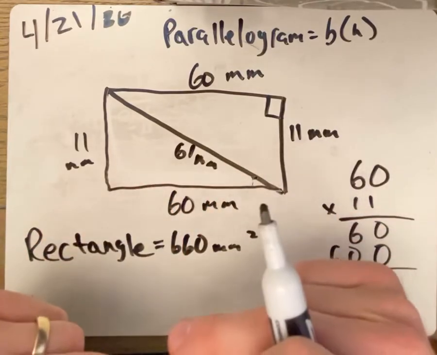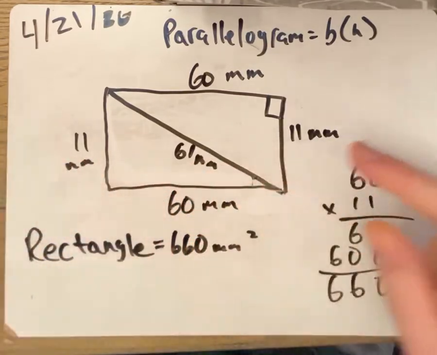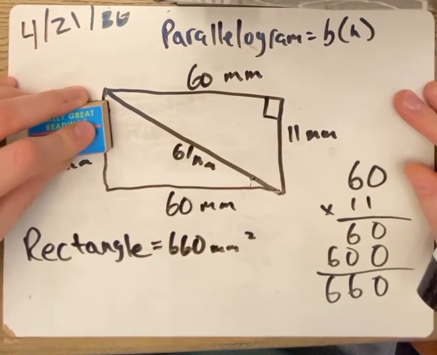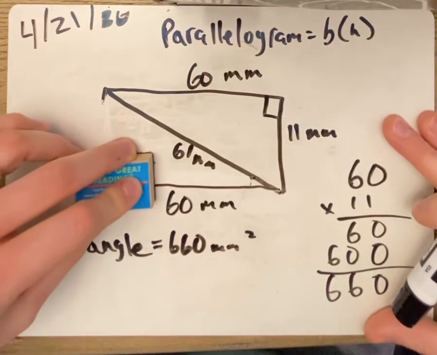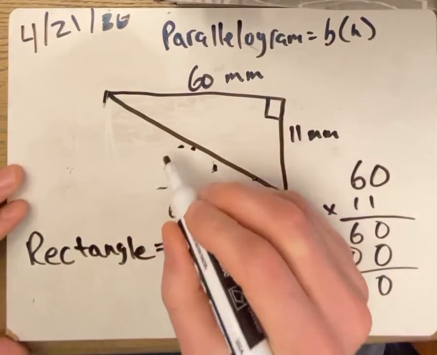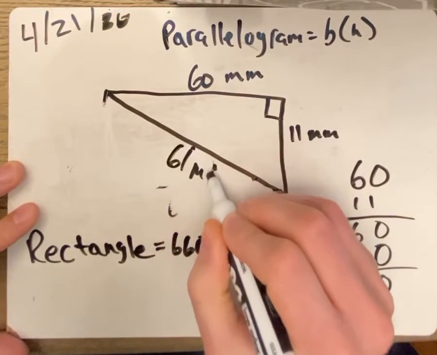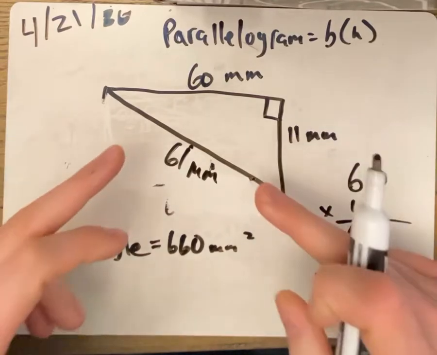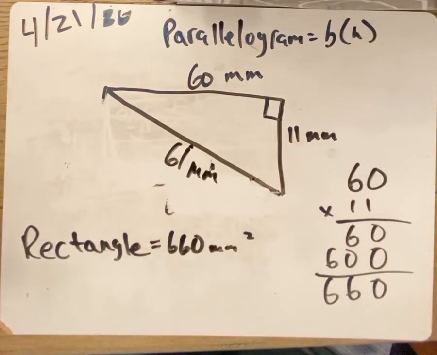But if you notice the rectangle, it has what in it? 2 triangles. So if I pull it apart, I'm just back to half of my rectangle.